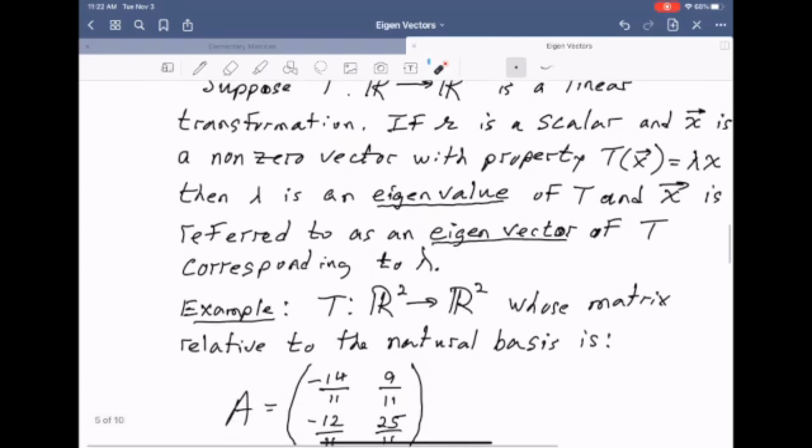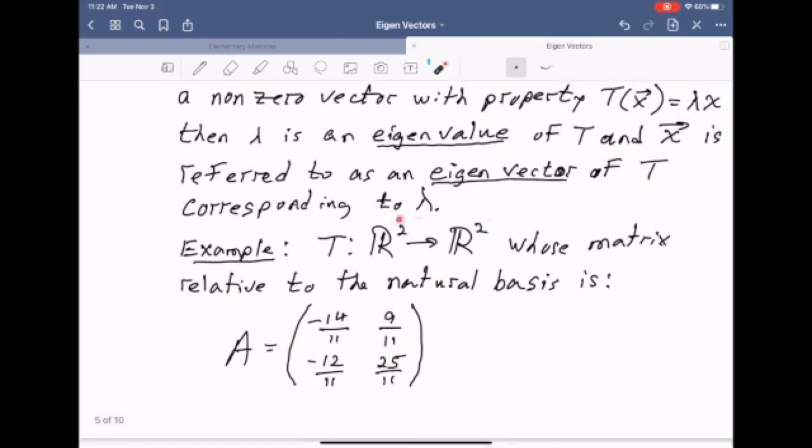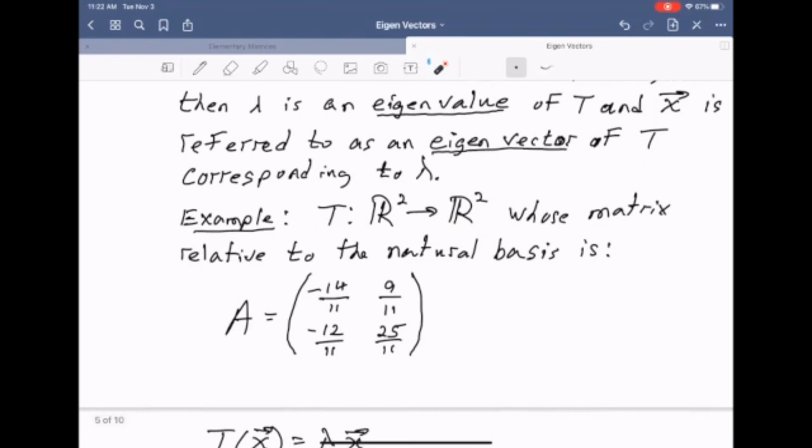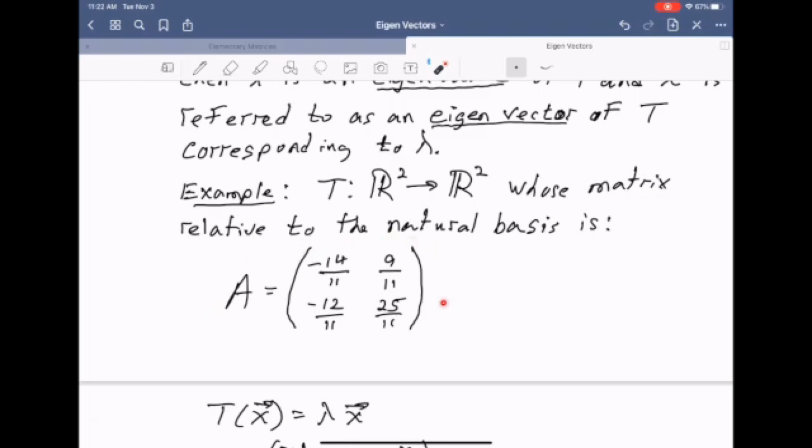So let's do an example in 2 space, where we choose this particular matrix. It looks complicated, but we use it because things fall out pretty nicely in that particular case.